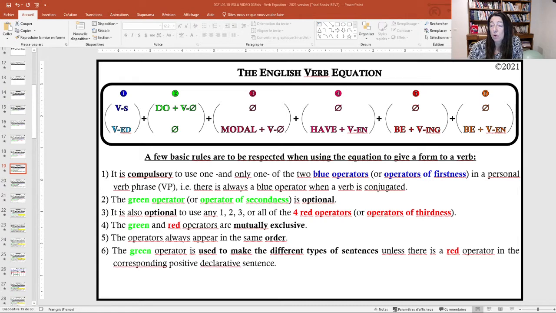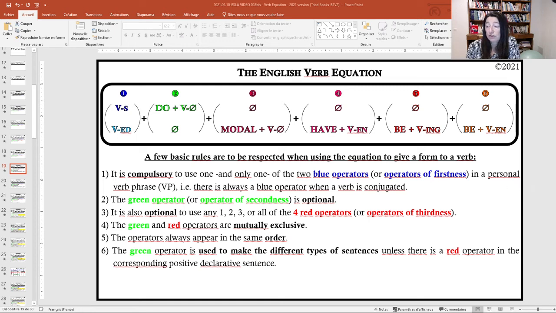Or I can also choose to use, let me start again, to use 1, 2, 3, or all 4 of the red operators. And I hope it is clear enough to you that you can actually choose to use only this one with a blue one, obviously. Okay, so you could use only the perfect in the passive voice, for instance.